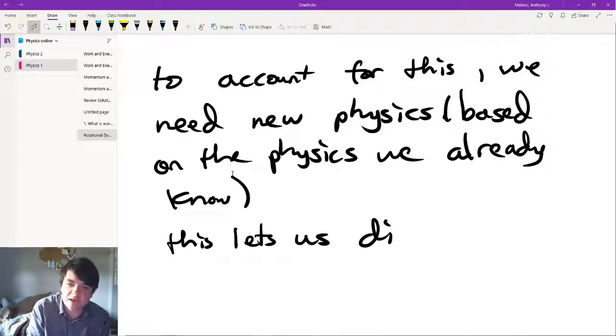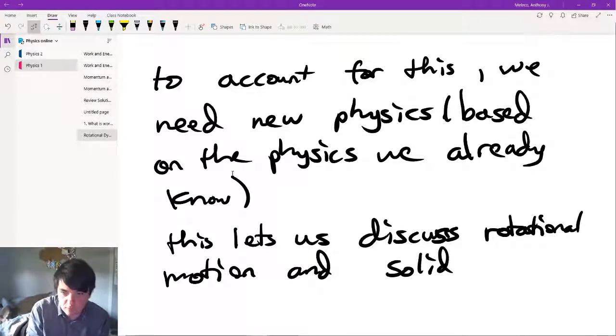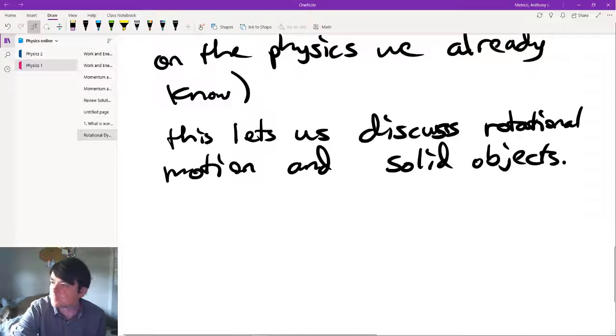This lets us discuss rotational motion and solid objects, so no longer just treating things as point particles.